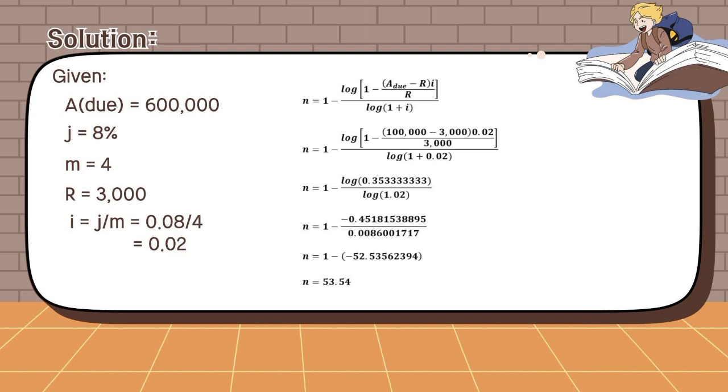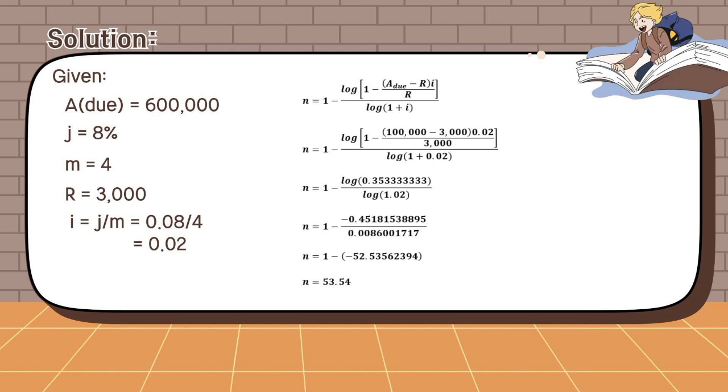And if we calculate it, we get 1 minus negative 0.45181538895 over 0.0086001717. If we calculate that, we get negative 52.53562394. So 1 minus negative 52.53562394 gives n = 53.54.